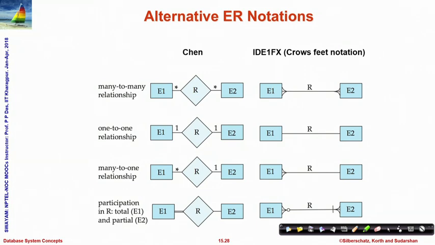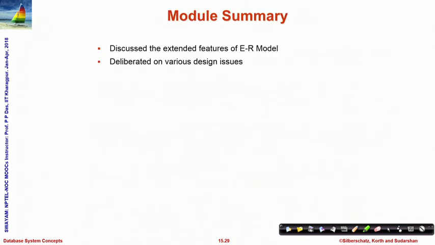We have included this not because we will use these alternate notations, but because it is possible that you come across some ER diagram where these notations are used, and if you are not able to identify them, then please refer to these slides and you will be able to recognize what is the corresponding symbol that you already know.